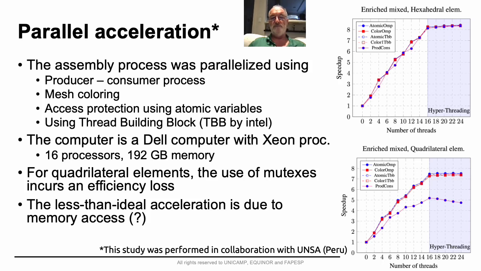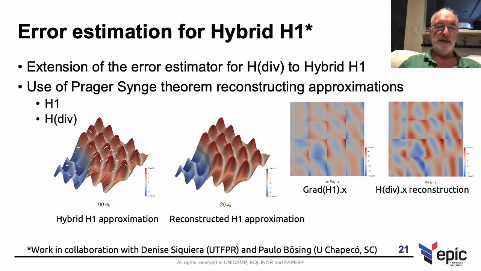It's very hard to evaluate which part does not accelerate properly. But all the techniques we implemented had the same behavior. So we think that probably the less than ideal acceleration is due to memory access.